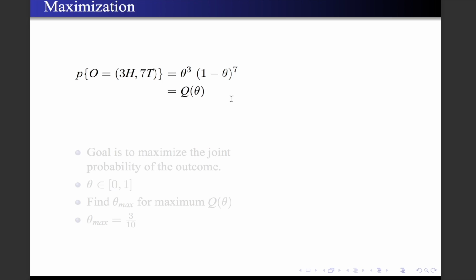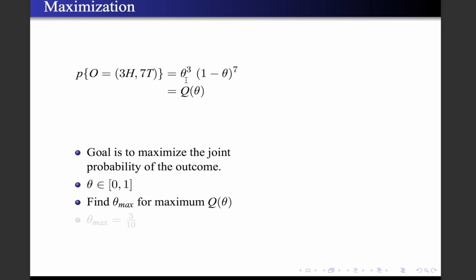It's because this value maximizes the probability of the outcome, which is the joint probability of the heads and tails together. The probability of the outcome is this formula here, which we're going to call Q of theta, and we're going to maximize Q over the different values of theta.